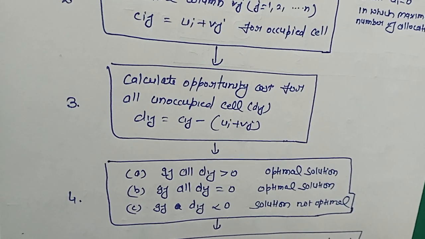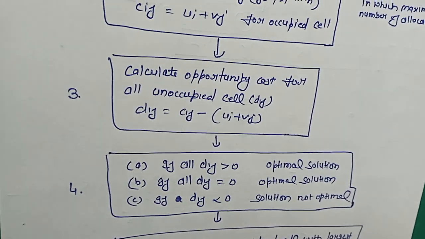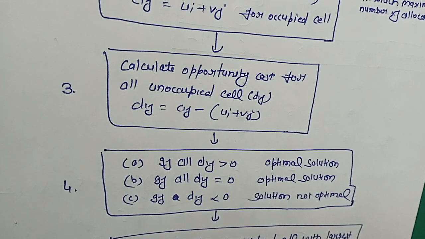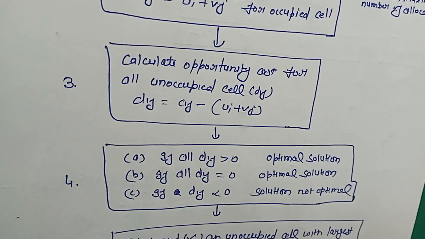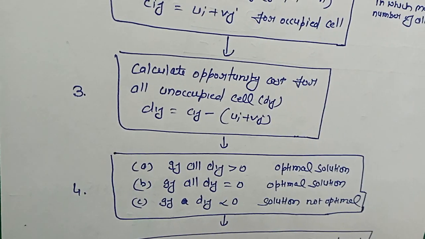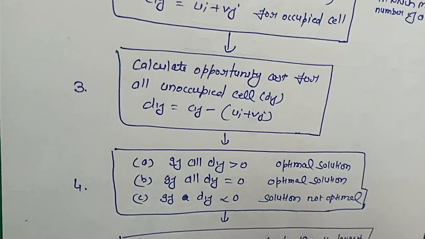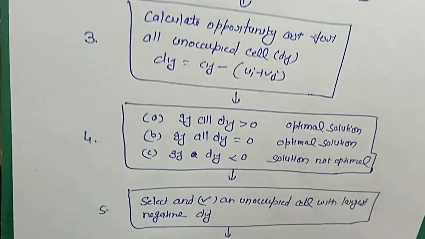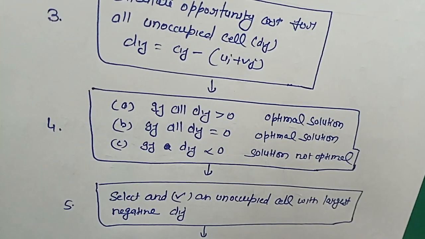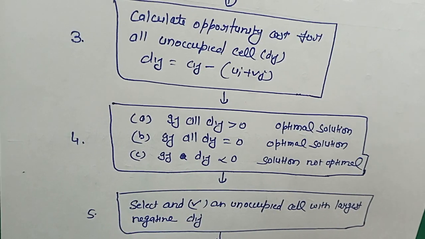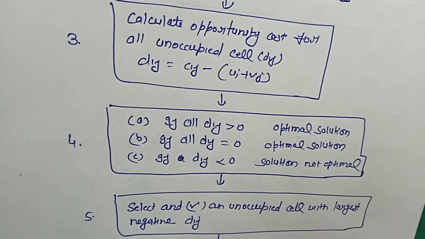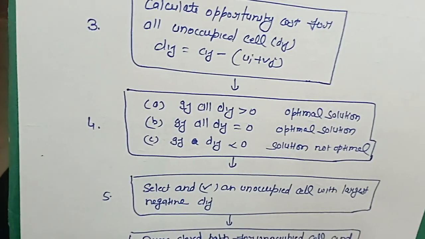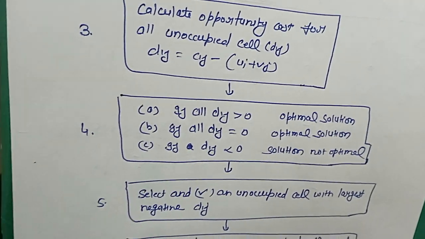In this case, we proceed to the next step. If all Dij are equal to 0 or greater than 0, then we do not move to further steps. But if any Dij is less than 0, then we move to the next step. In the next step, select and tick the unoccupied cell with the largest negative opportunity cost Dij among all the unoccupied cells.